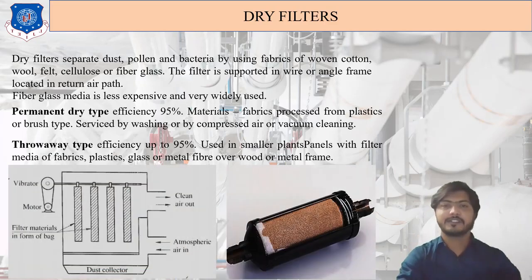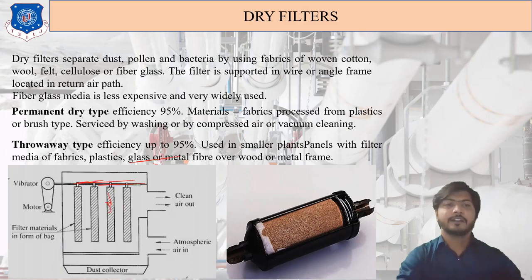This is a 3D diagram of a filter used in our air conditioning system. How does it function? A filter bag is attached on a wire which is connected to a vibrator, and the vibrating machine is operated with the help of a motor. When the motor runs, the vibrator vibrates the wire and these bags.